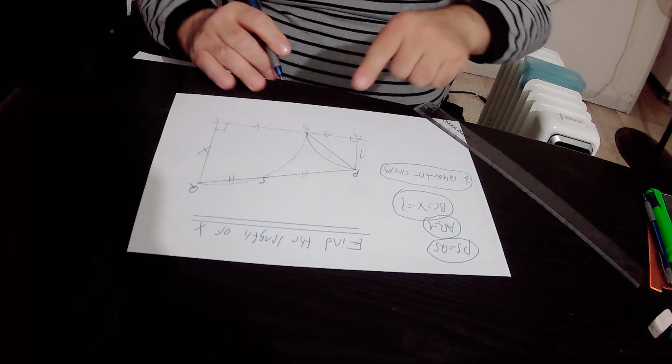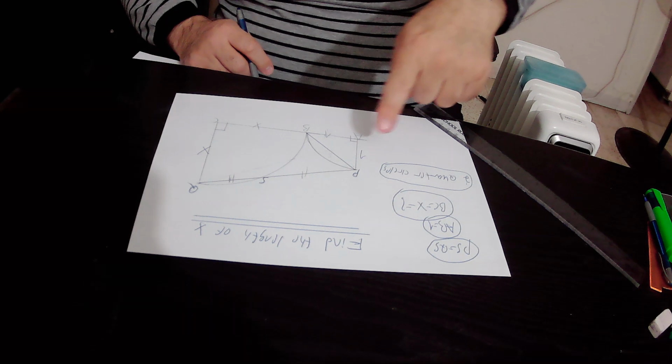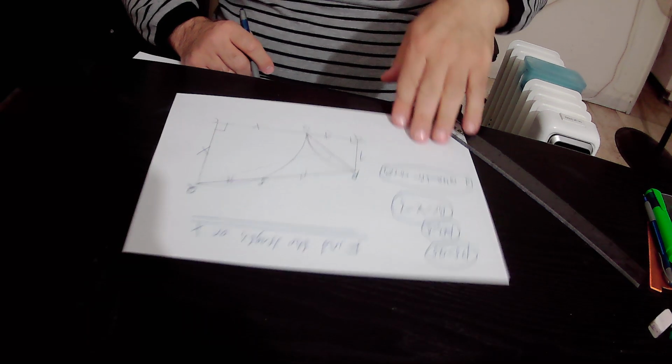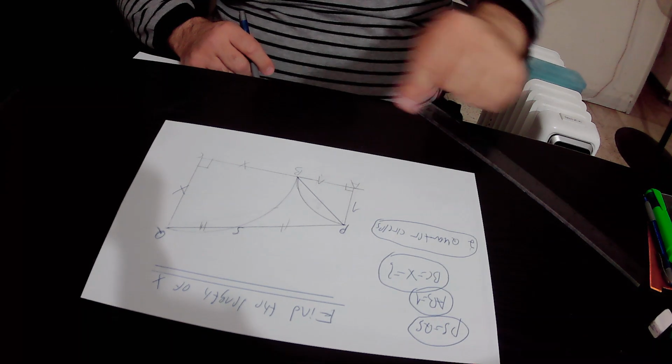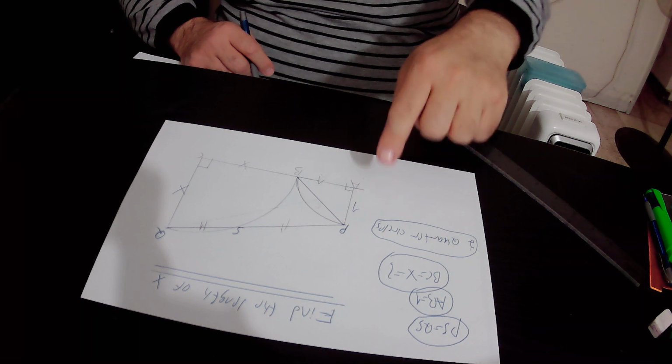By joining points P and B, we created the right triangle, triangle PAB. So I copy the right triangle, triangle PAB, in a new page, and we will implement the Pythagoras theorem on this right triangle.